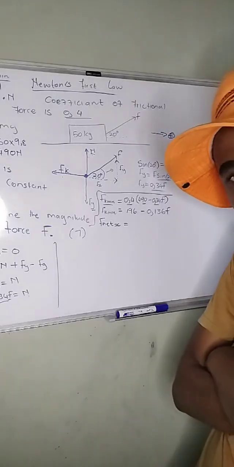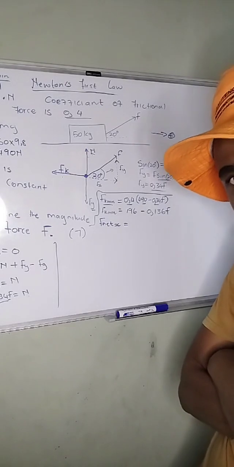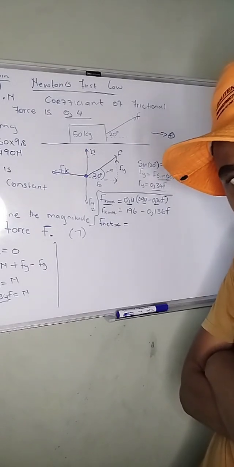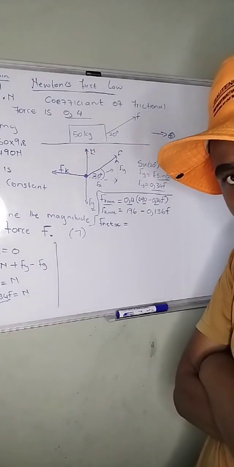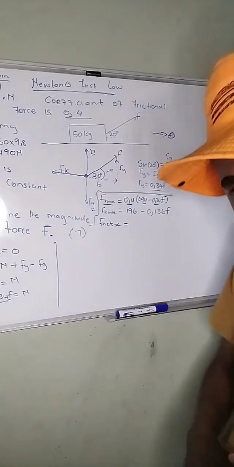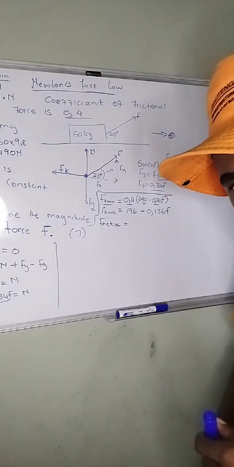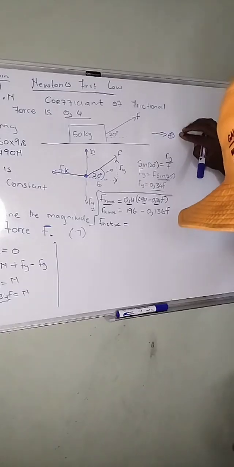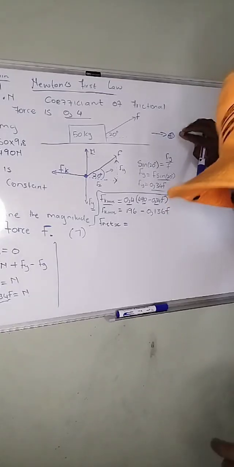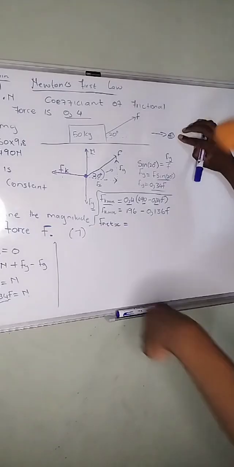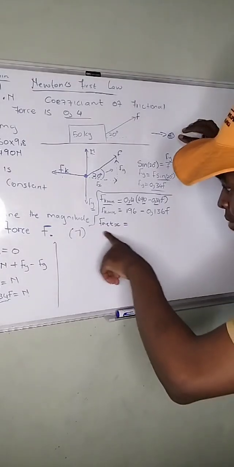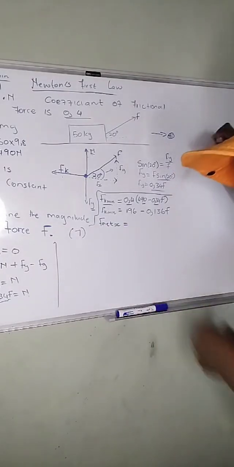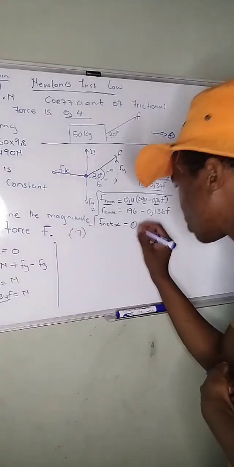So no one was paying attention. I chose right as positive. Now, I want to write the F net along the X. Obviously, it's going to be 0.